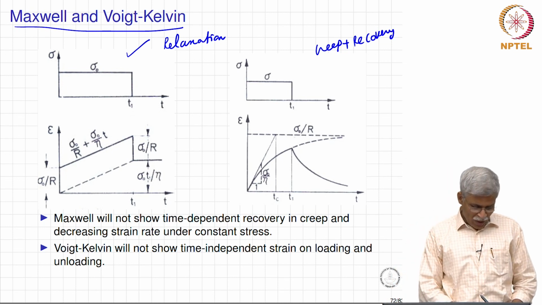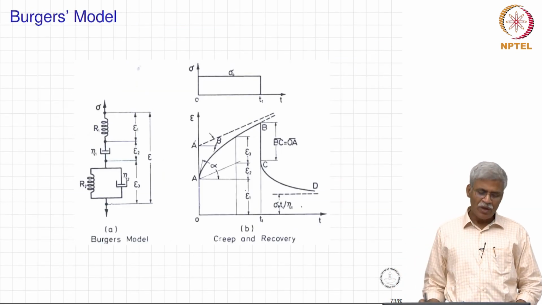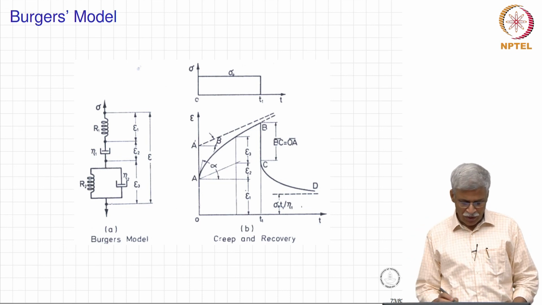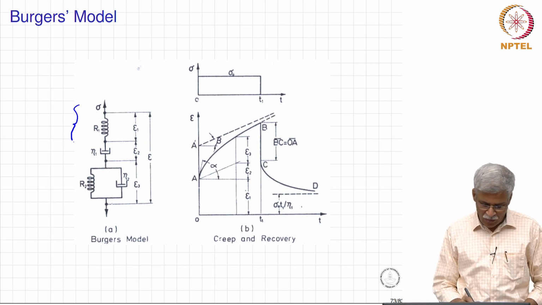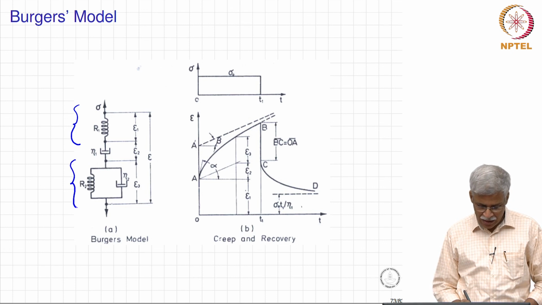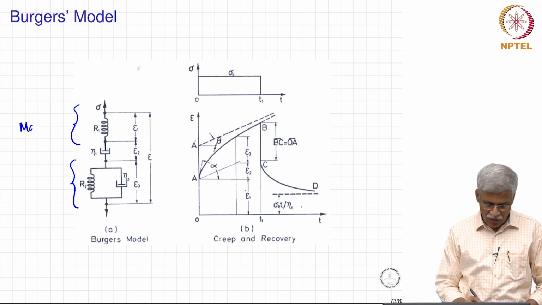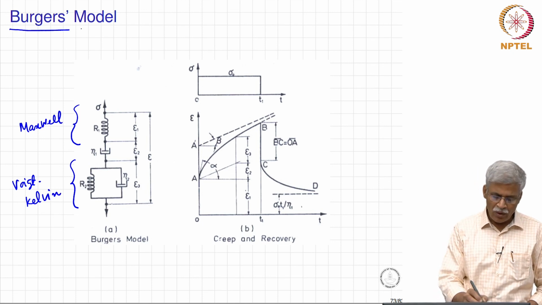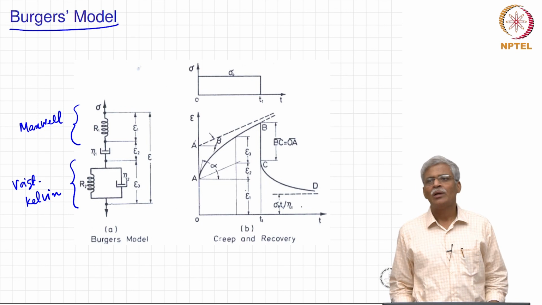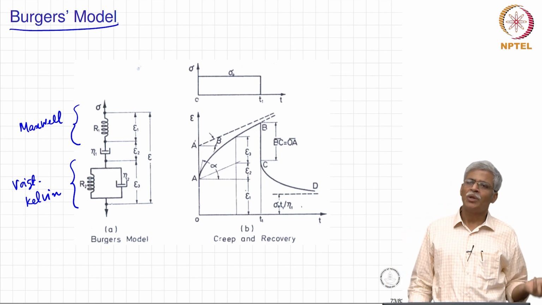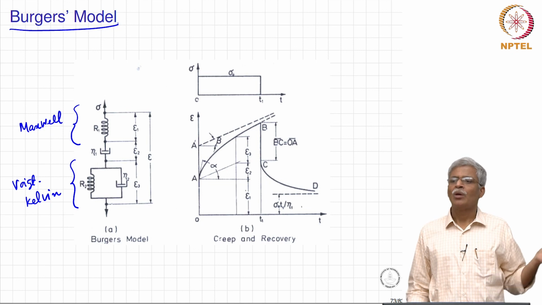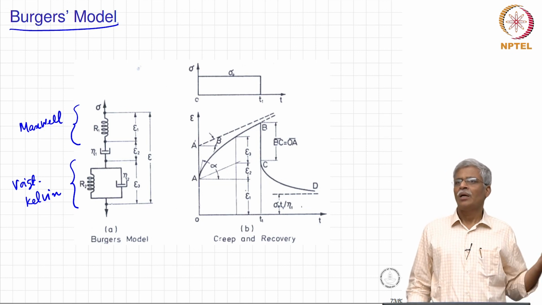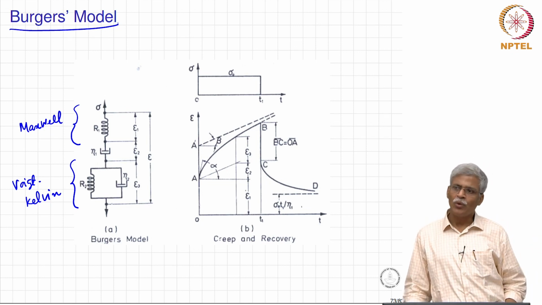So, what we are now going to do is combine the two. We are going to see that there is a Maxwell model and there is a Kelvin model, and we are going to combine them in series, and this is one of the well known models that has been used for characterizing the response of bituminous binders, bituminous mixtures, polymer gels, blood and many other fluids.